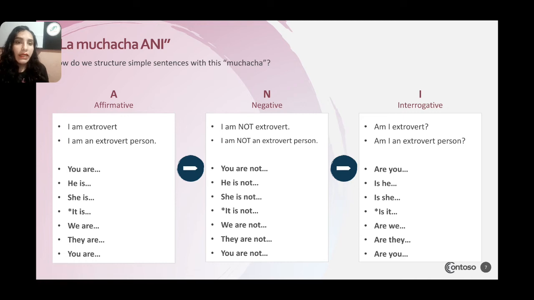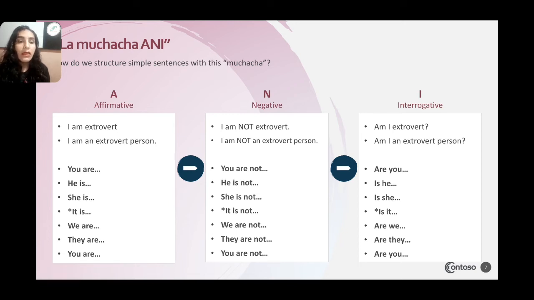Then we have the negative, I am not extrovert. Or, I am not an extrovert person. And finally, we have the interrogative. Am I extrovert? Am I an extrovert person? Recuerden que hay que darle una entonación de pregunta para que suene como una cuestionante.